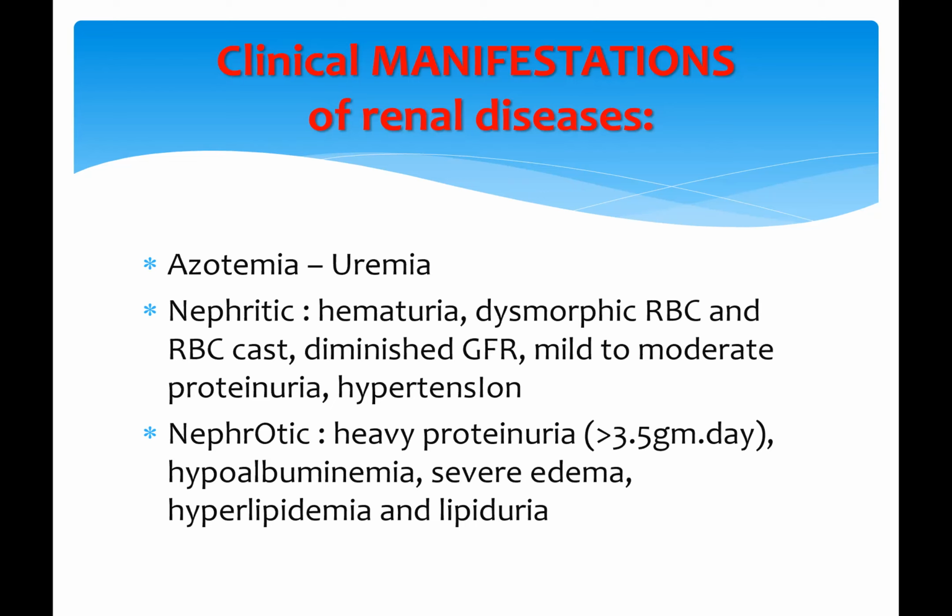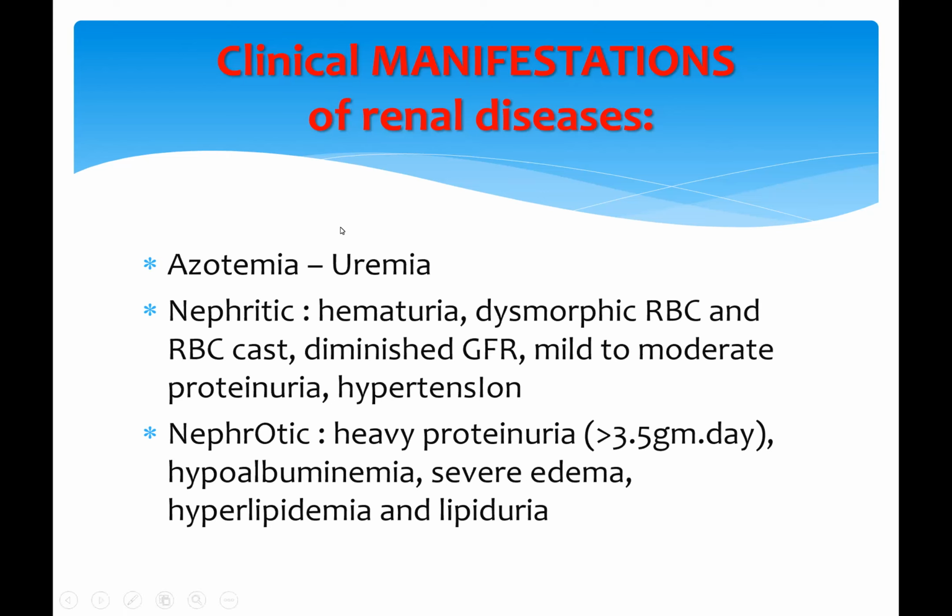Whenever there is an obstruction of flow, as in patients with stones or tumor, then this is an example of post-renal azotemia. So again, simply stated, azotemia implies an elevation in the BUN and creatinine level. It may be renal, pre-renal, or post-renal.